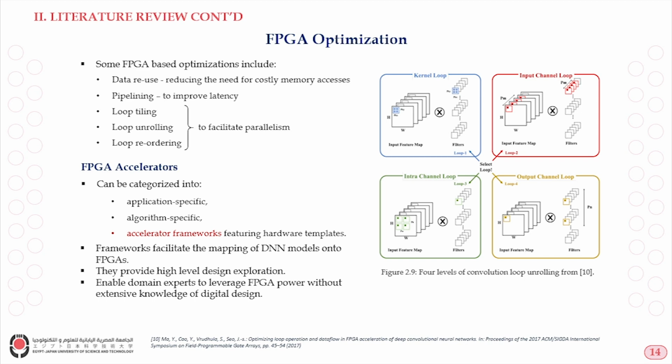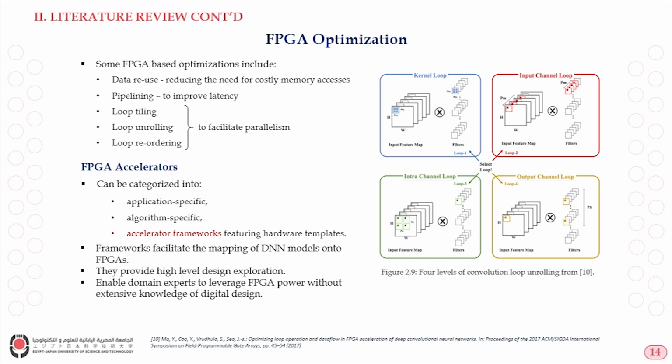So also there are three major kinds of FPGA accelerators. There are accelerators that are specific to a particular application. There are accelerators that have been designed for a particular algorithm, and also there are accelerator frameworks. And in this case, they are like templates of an accelerator that you can configure or tune to a certain application. And this is what we have chosen in this work.